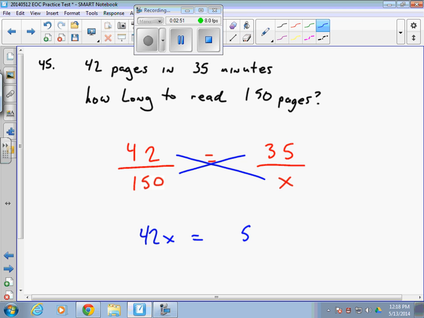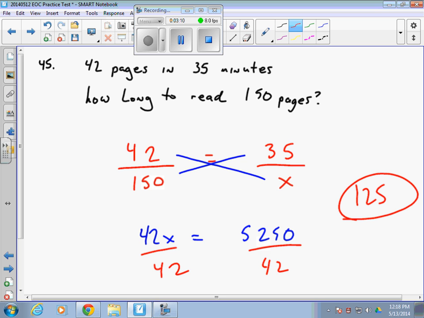So 42x equals 5250. And then in order to get how long it takes, divide by 42. When you divide that by 42, you get 125. So it's going to take 125 minutes to read 150 pages for CJ.